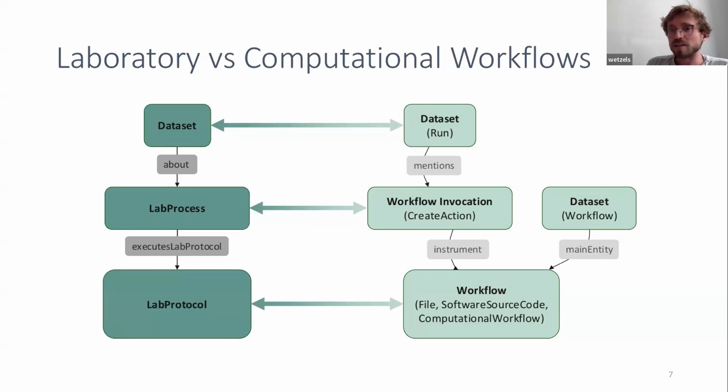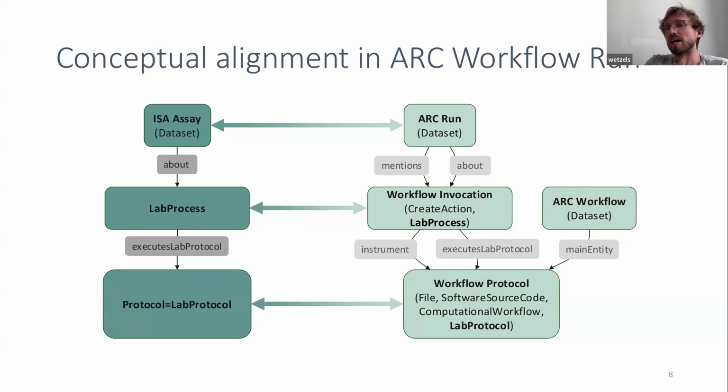And actually, in DataPlant, in the ARC, we use these types already in several places. We use them to model the ISA part, the experimental part of the ARC, which is an adaptation of the ISA model. And we also use those same types in conjunction with the workflow run crate types and profiles for the computational workflows in an ARC. So this is already established in our tooling.